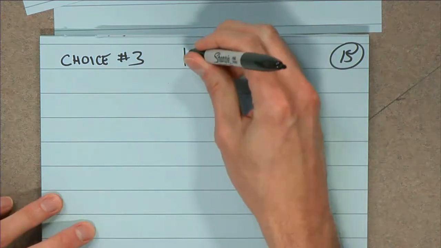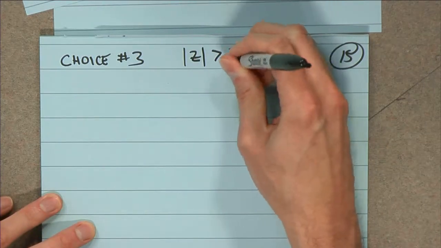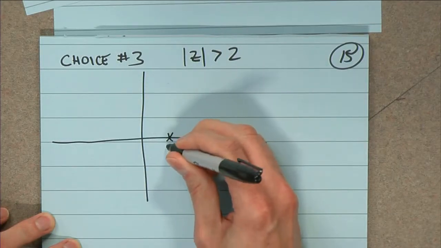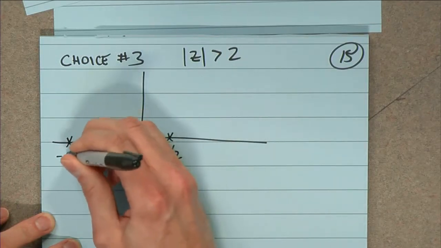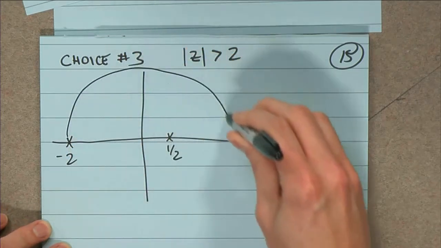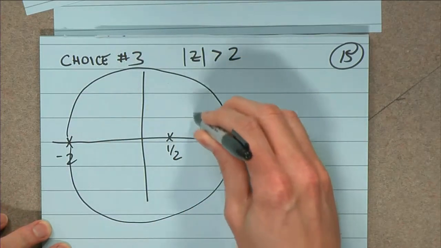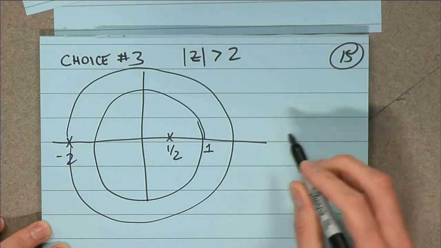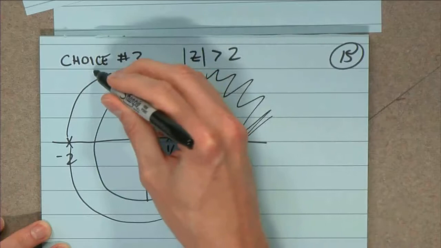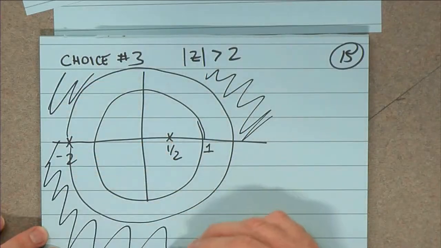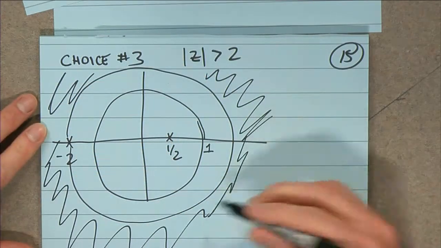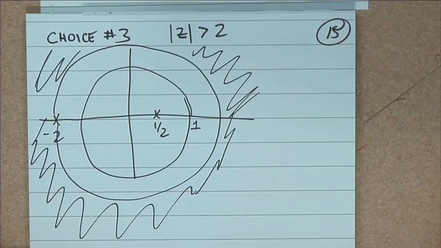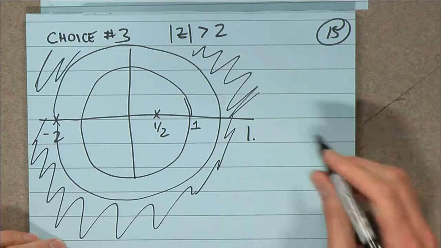And so let's go with z greater than 2. Everything outside. z greater than 2. What does this tell us about the system? Right-sided, exactly.